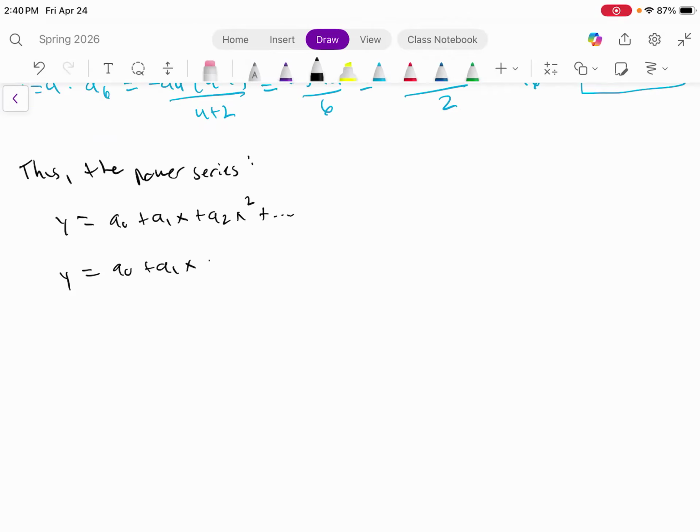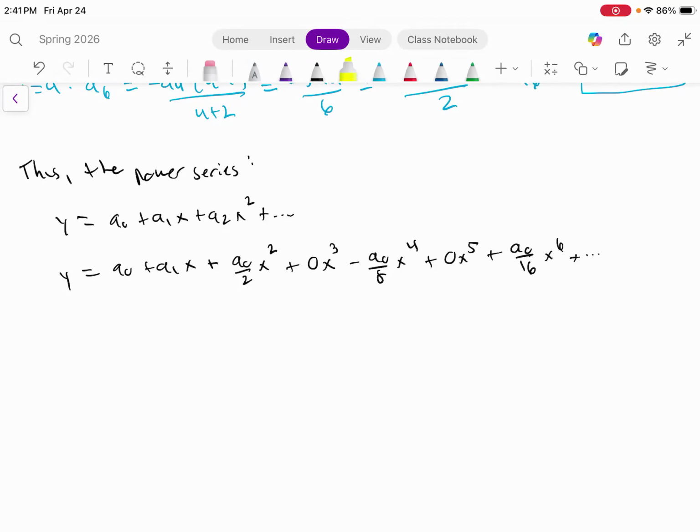So this is going to be plus a naught over 2 x squared plus 0x cubed minus a naught over 8 x to the fourth plus 0x to the fifth plus a naught over 16 x to the sixth dot dot dot.